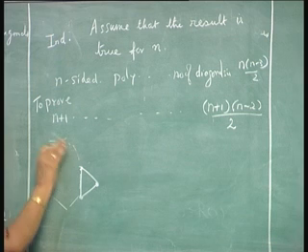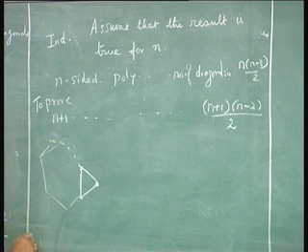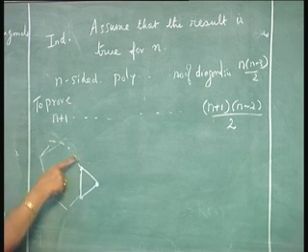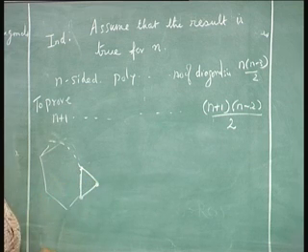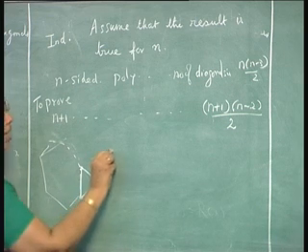If I do this, I get an n plus 1 sided polygon. So, how many diagonals will I get? The number of sides has become n plus 1 now by adding one more vertex. So, what is the new number of diagonals?